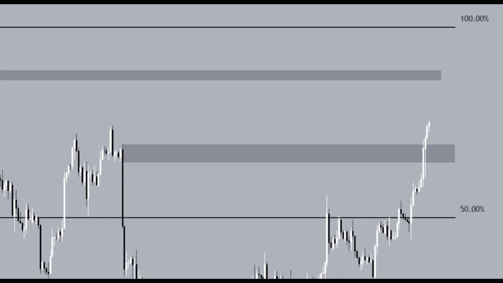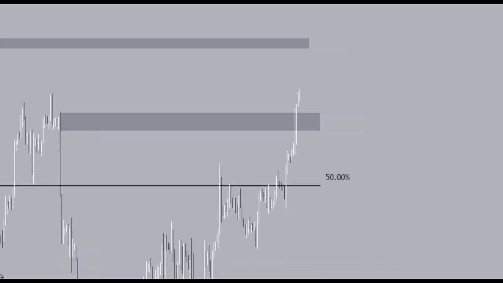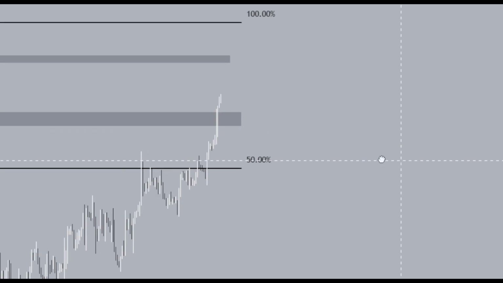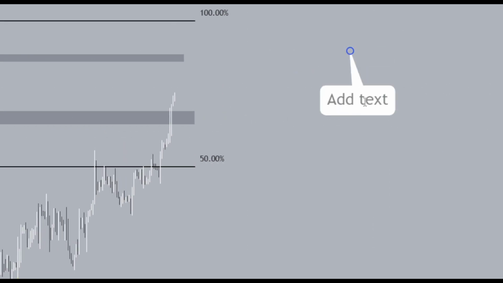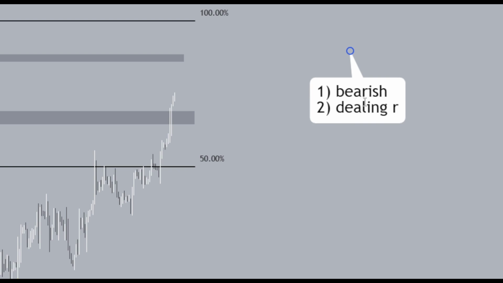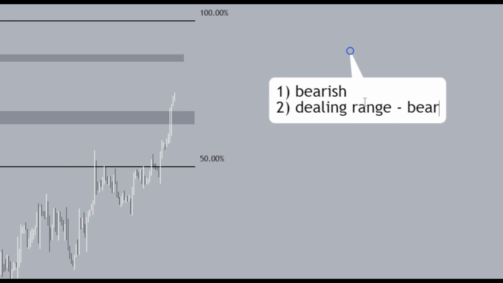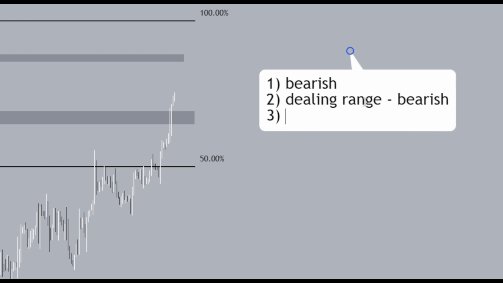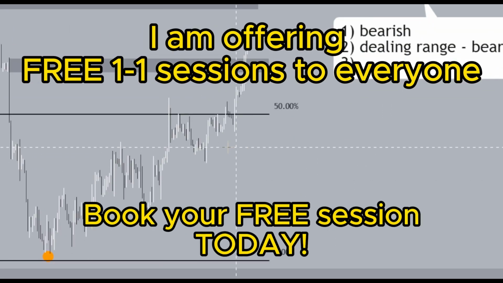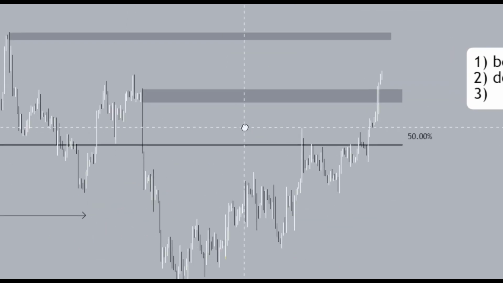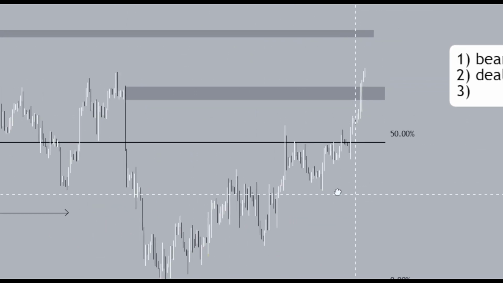Simply, we need to understand we've built a bias using 4 of our main tools, right? On the right of your screen are the 4 tools we're going to consider. Yes, our structure is bearish. Number 1, structure. Number 2, we understand our dealing range is therefore bearish. Now, with number 3, we understand that we've come from a discount, so we were in a discount over here, and we have these premium POIs up here. So we have a narrative, right?